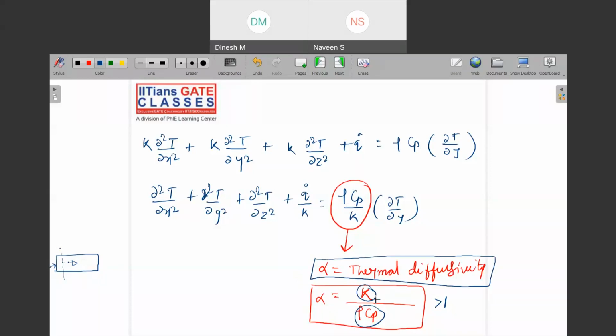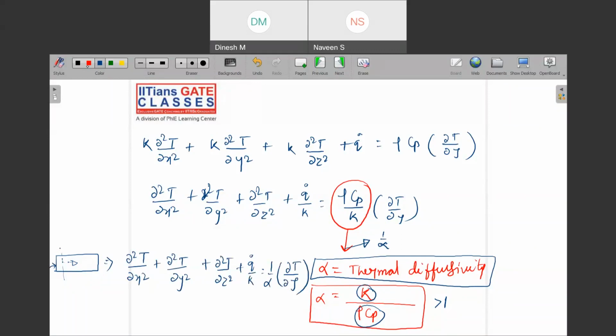So this ratio, which I have defined as k upon rho cp, is nothing but 1 upon alpha. Now my generalized heat conduction equation is del square T upon del x square plus del square T upon del y square plus del square T upon del z square plus q dot upon k is equal to 1 upon alpha into del T upon del tau.